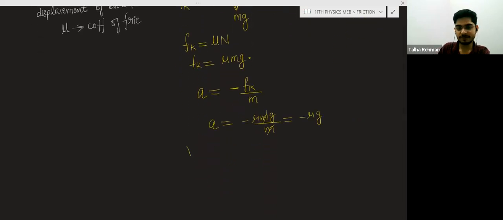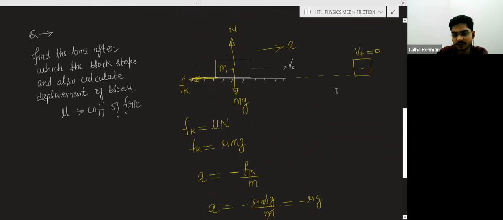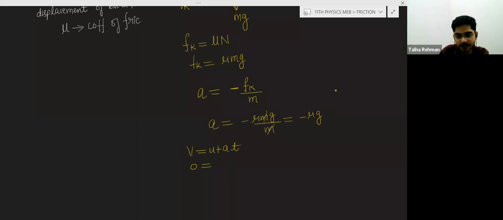We can apply the first equation of motion because this acceleration is constant. Mu is constant, g is constant. V is equal to u plus a t. What is the final velocity? 0. Initial velocity is v naught.